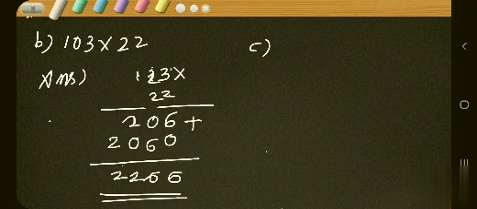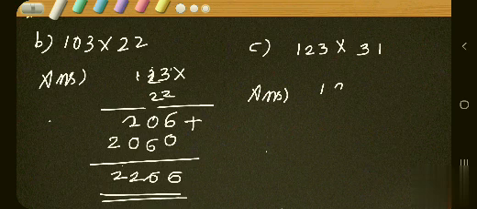The question is 123 into 31. Let's try to multiply. 123 into 31.